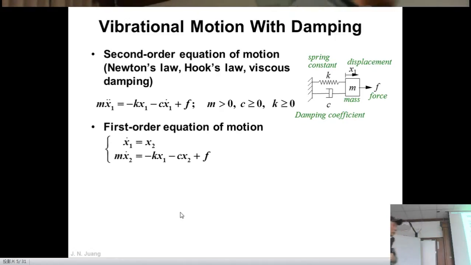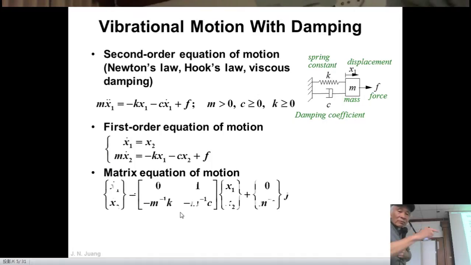So the first order equation of motion is like this. Now my matrix equation of motion is different. I have 0, 1, minus m inverse k, minus m inverse c. Okay, the same thing.